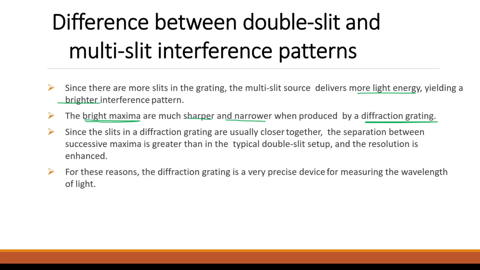Since the slits in a diffraction grating are usually closer together, the separation between successive maxima is greater than in a typical double slit setup, and we have increased resolution. As we talked a little bit last time, resolution can be a problem sometimes. And for these reasons, the diffraction grating is a very precise device for measuring the wavelength of light.